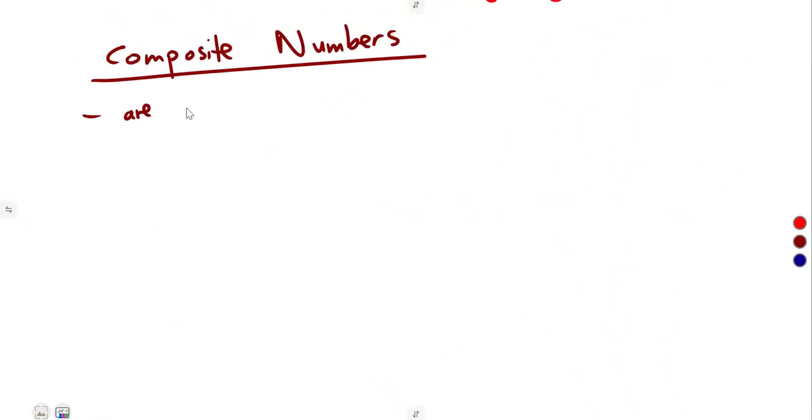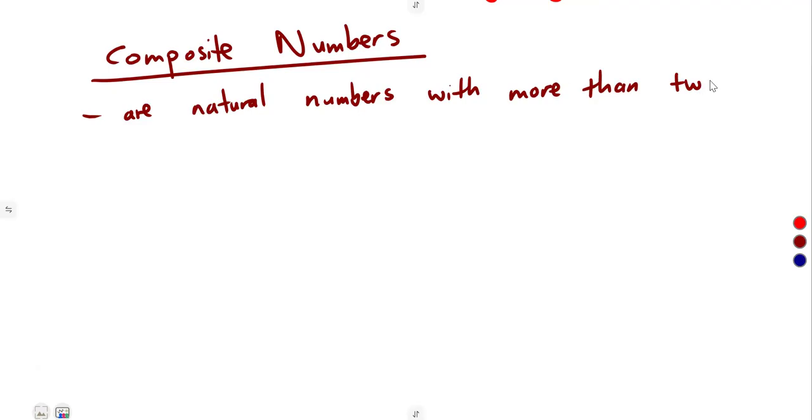These are natural numbers with more than two different factors. More than two different factors.